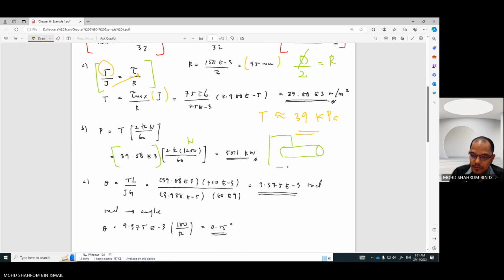Okay, for example, this is the shaft, and then let's say it rotates by 1200 RPM, then the maximum power that it can generate is about 5011 kilowatt. It's quite a lot, to cover a good grid of electricity. All right.